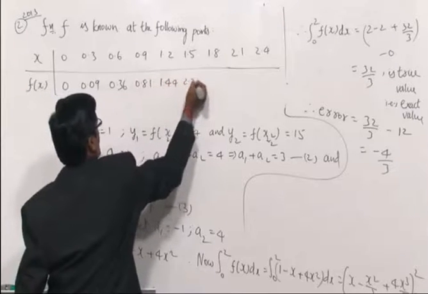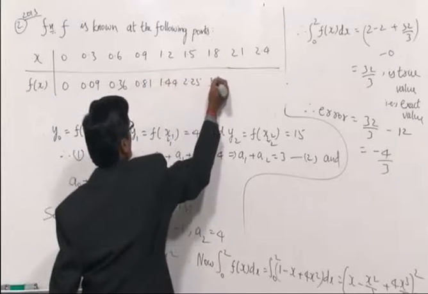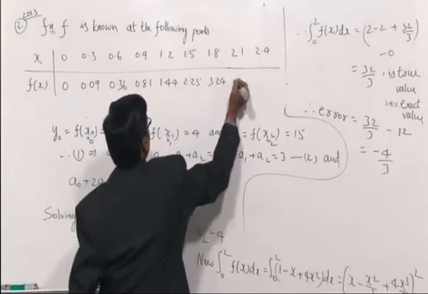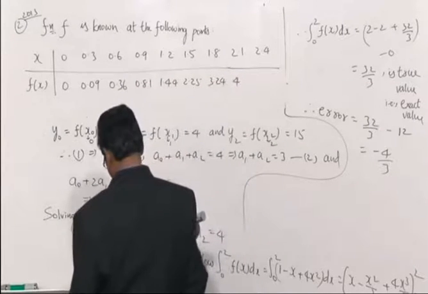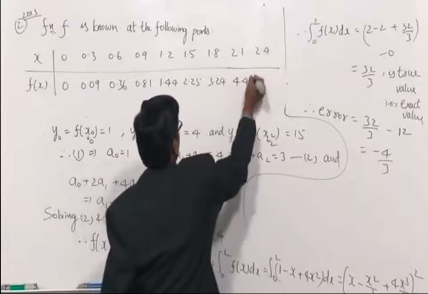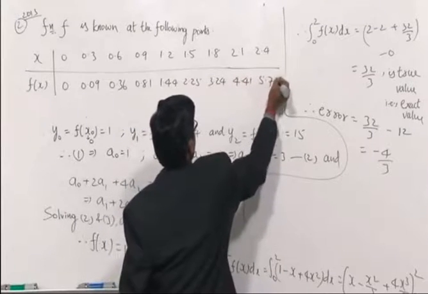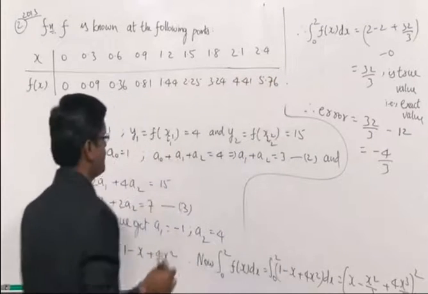1.44, 2.25, 3.24, 4.41, 5.76. Just square these numbers.